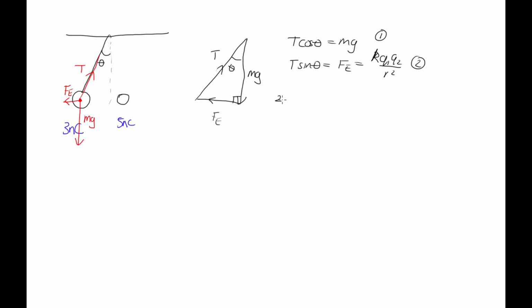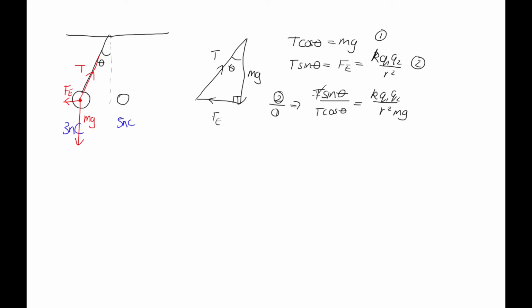And if we do equation 2 over equation 1, then we can write this as T sin theta over T cos theta is equal to k Q1 Q2 over r squared, and then we've got T cos theta on the bottom, so that's mg.